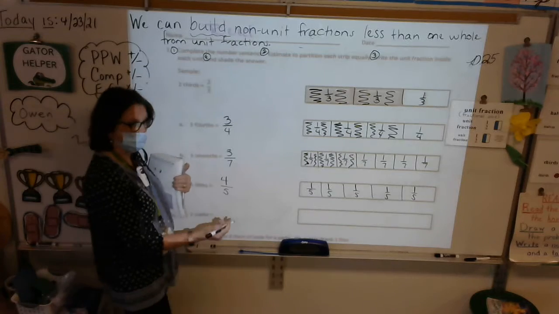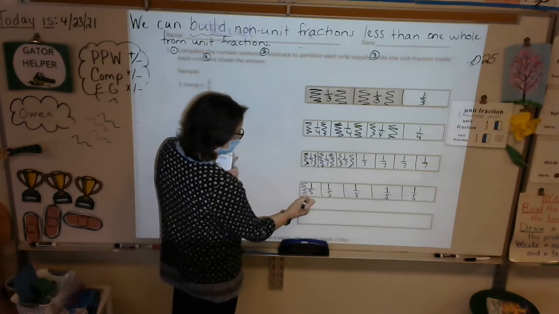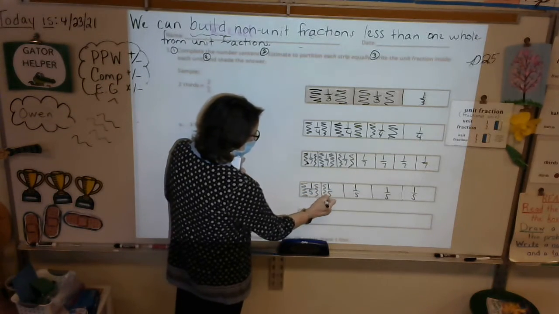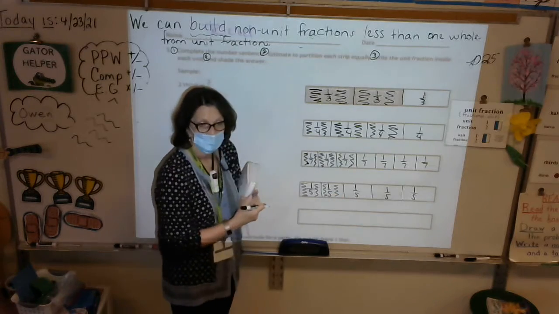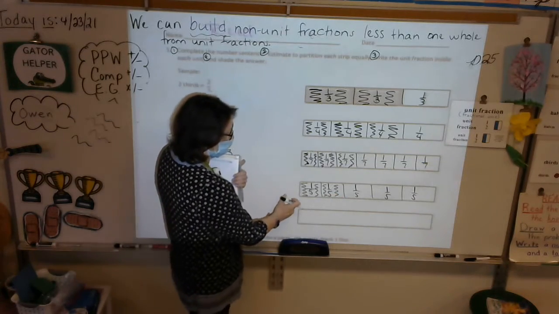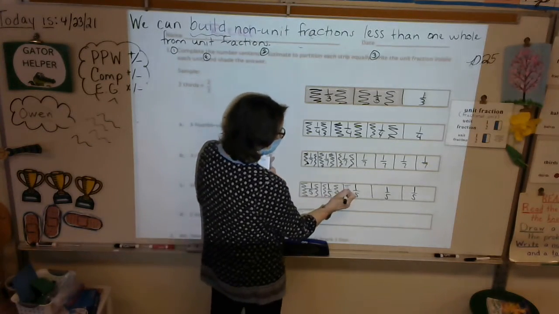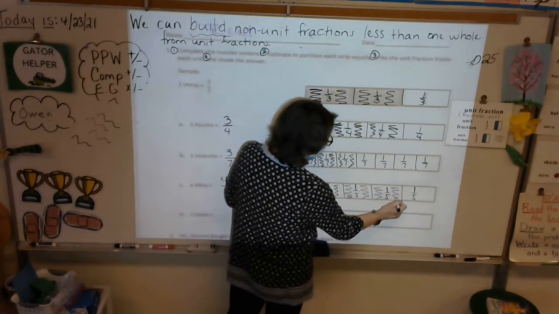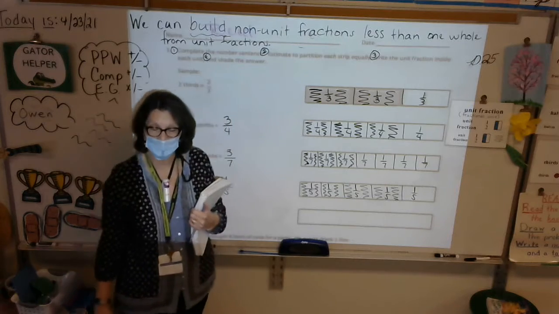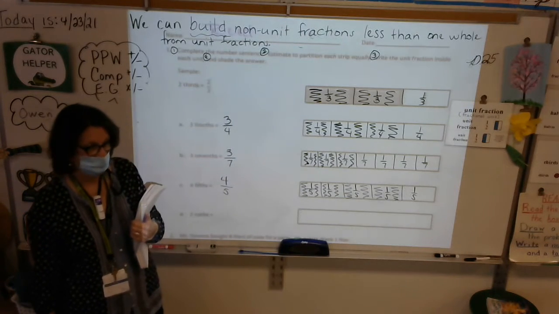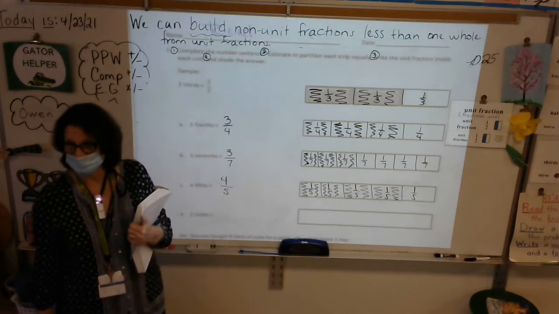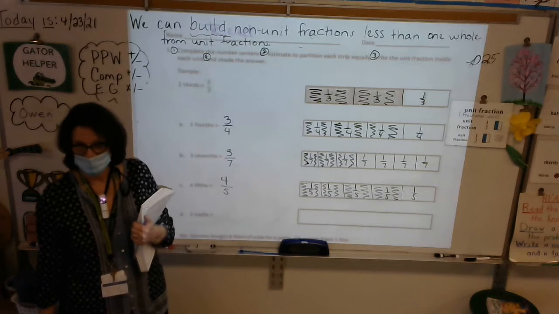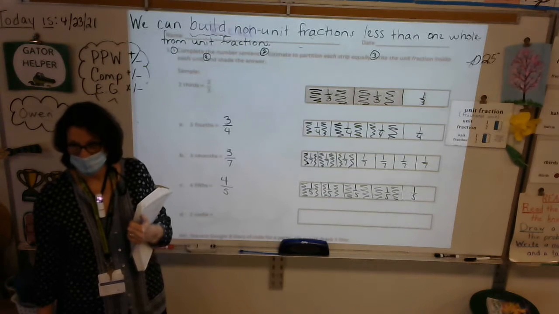So count with me, class, and let's shade. 1/5, 2/5. Well, let's hear everybody count and shade. 1/5, 2/5, 3/5, 4/5. Okay, now I'm going to ask you, what fraction is not shaded?